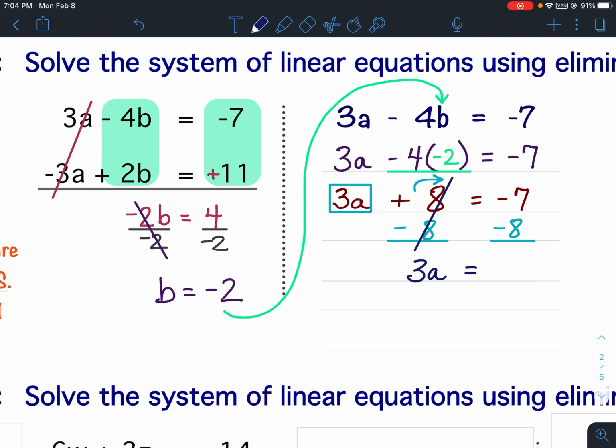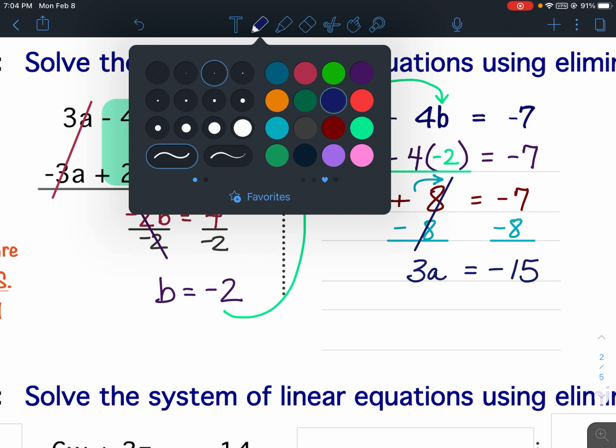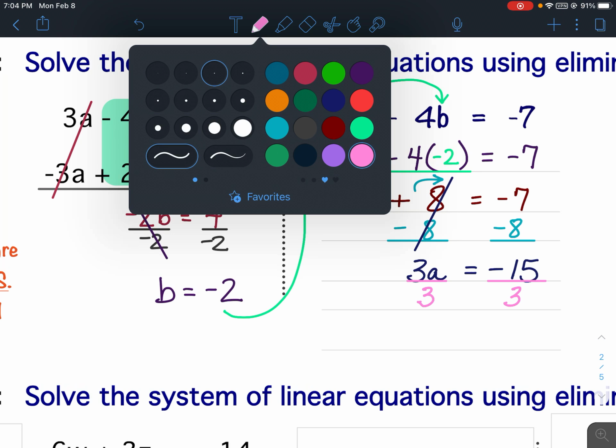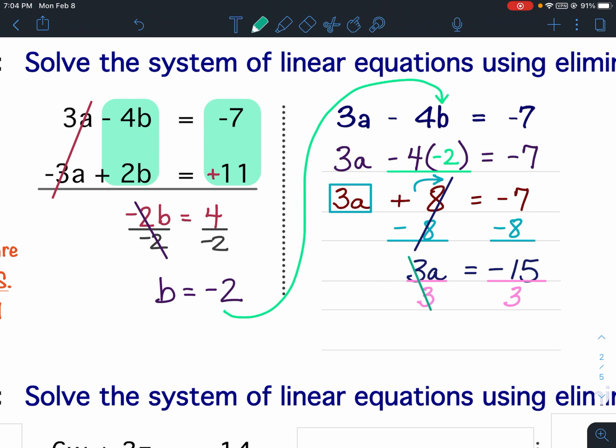Negative 7 minus 8 is negative 15. And now we've got one step left to solve, and that's to divide both sides by 3. The 3's would cancel, and what you have left is a equals negative 5.